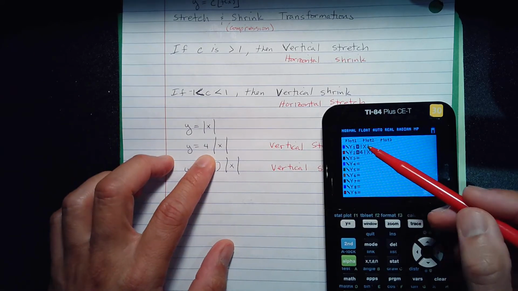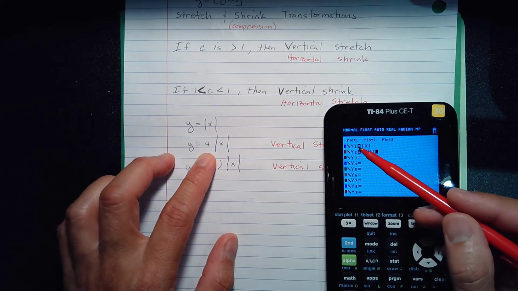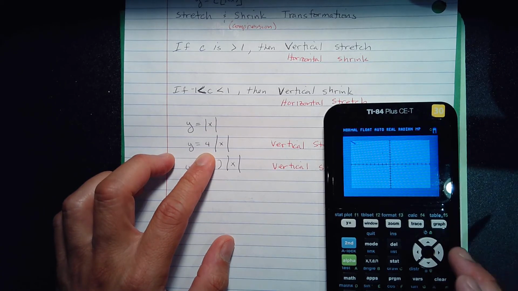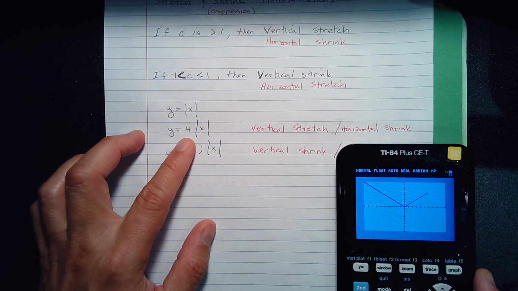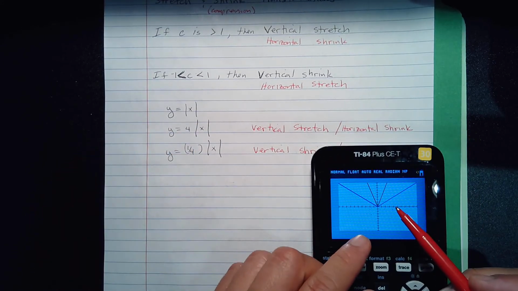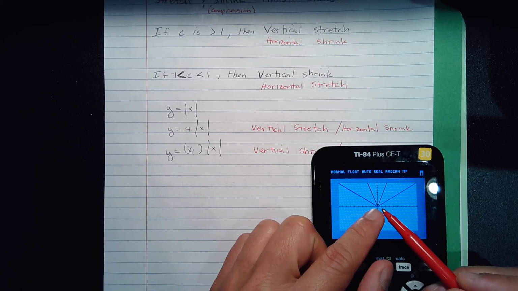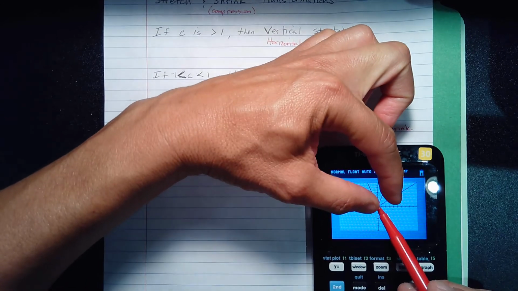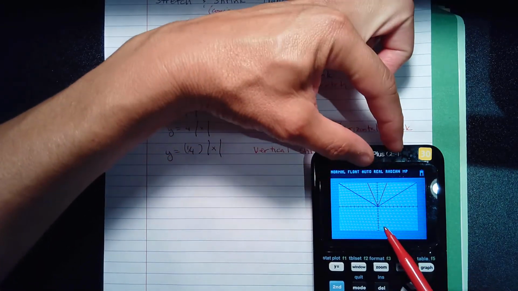So in blue, the first graph, it's going to be our absolute value. What you're going to notice is there's going to be a vertical stretch or a horizontal shrink. It's the same behavior. So what that meant was, if this is the original absolute value, it did a vertical stretch. It stretched out vertically.